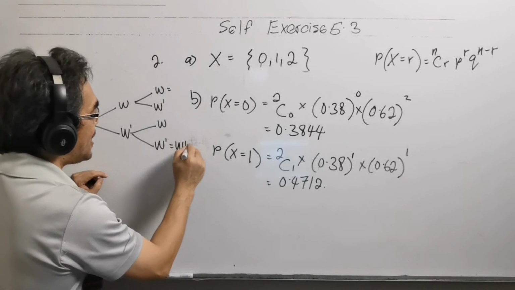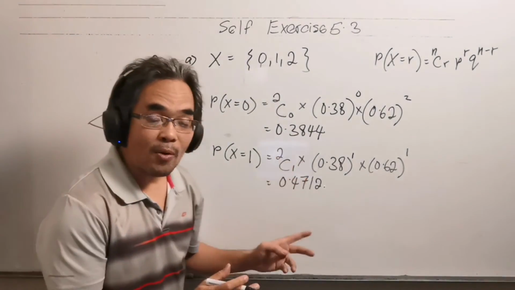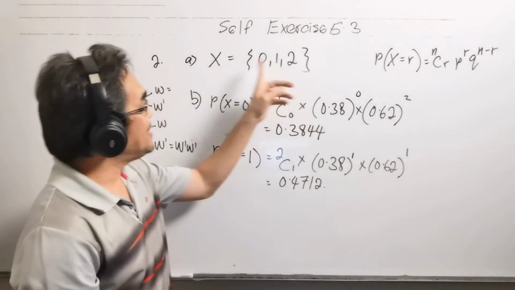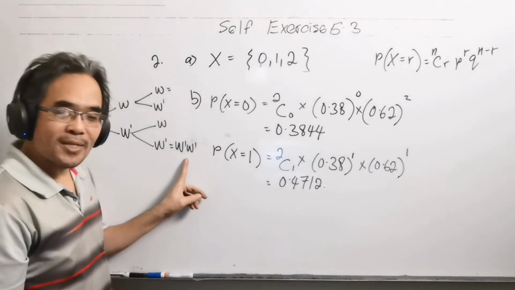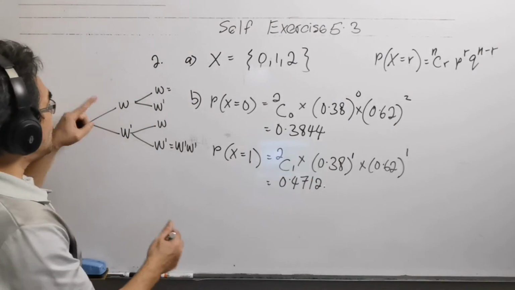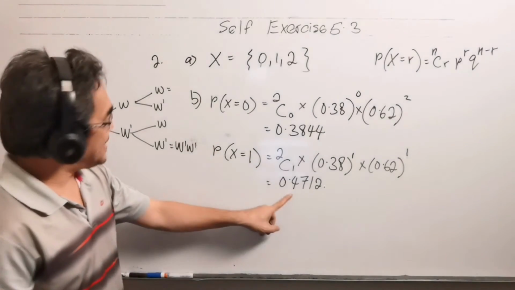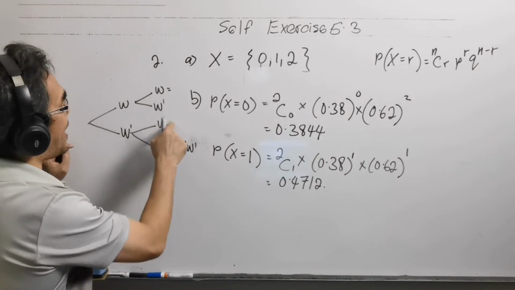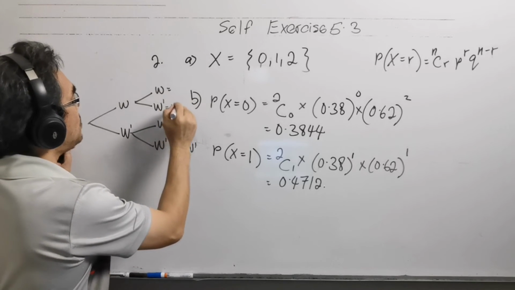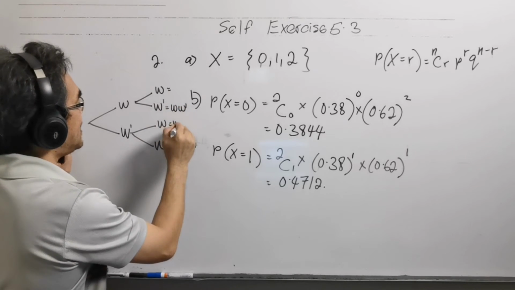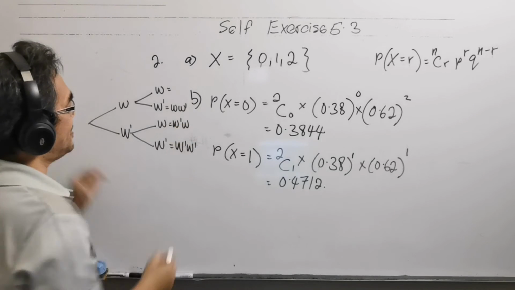Both are non-white, because the story here is about getting a white car. 0 white car means both are non-white. So you add the second one and the third one, because this is W prime W and here W W prime.